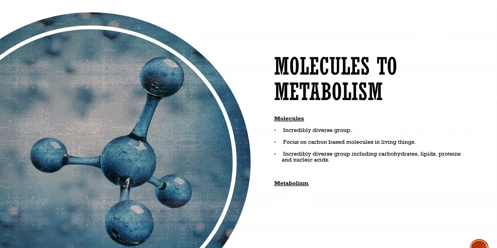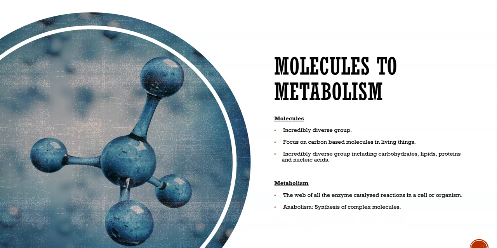Now, what about metabolism? Metabolism is the web of all the enzymes catalyzing reactions within cells. Metabolism is those reactions occurring in the cells, and they would not be occurring if it was not for the enzymes to catalyze them. We will look further into that as we move through this topic.